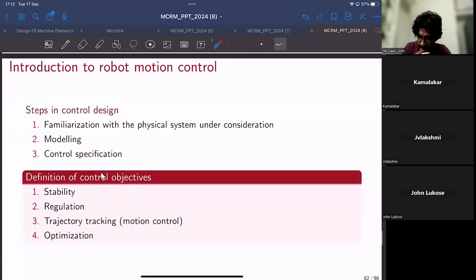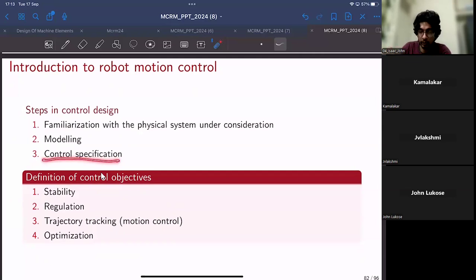Then we have also seen the steps in control design. The first is to familiarize with the system. Depending on the kind of robot, we may have different equations. Then the next is to perform the modeling, the dynamic model. We know how to do that with the recursive Newton-Euler method.